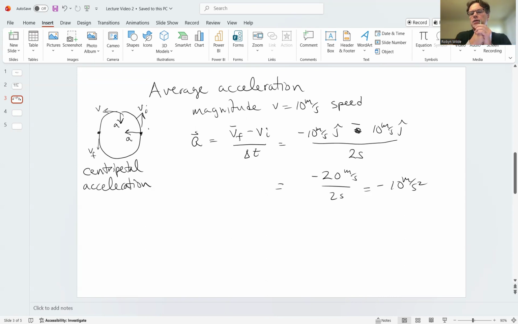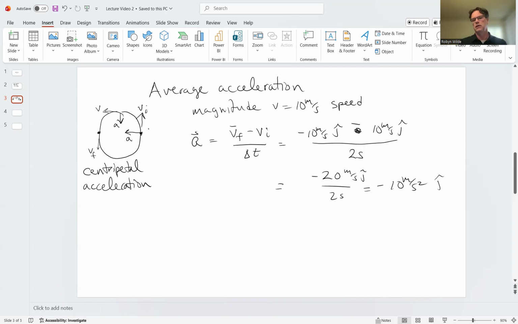So I do have an acceleration, and it's in the j hat direction, right? Because both of these were components here in the x direction, or sorry, the y direction. So I do have an acceleration downward, but this is an average, right? It's the average between this finite time interval. It's not the same as instantaneous.